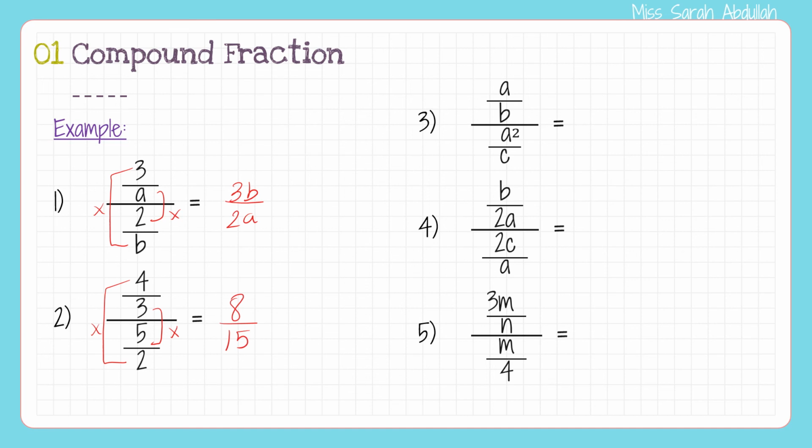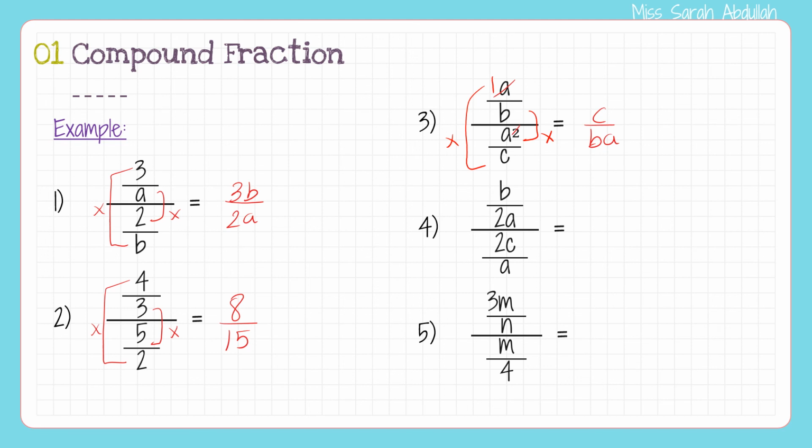The third one, how about a and a square? Yes, I can simplify here. So I can do simplification. How about b and c? No. So now we do multiplication. It becomes 1 times c, which is c, over b times a, which is ba.